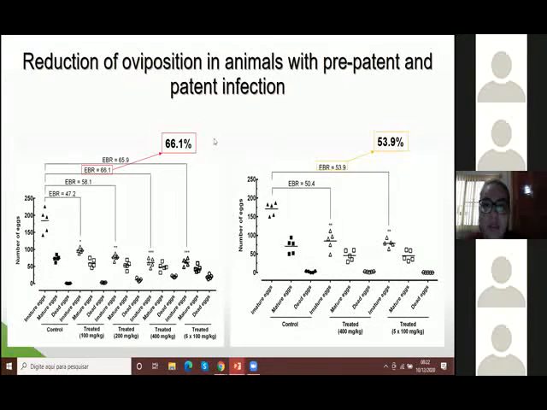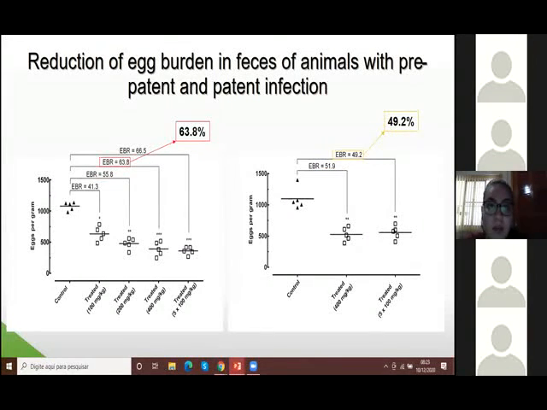In relation to oviposition in pre-patent and patent infection, and the egg burden in the feces, again, the same dose was the better.